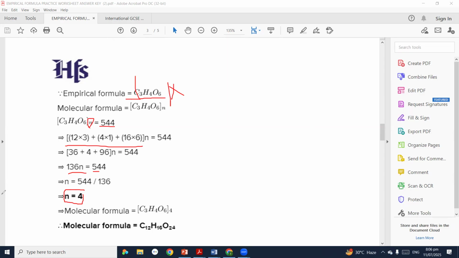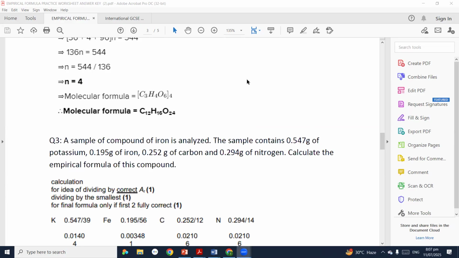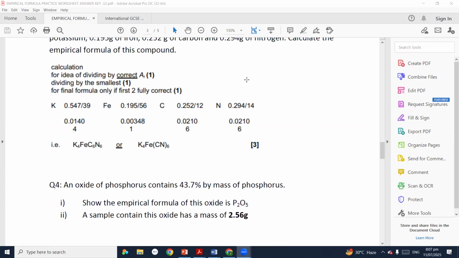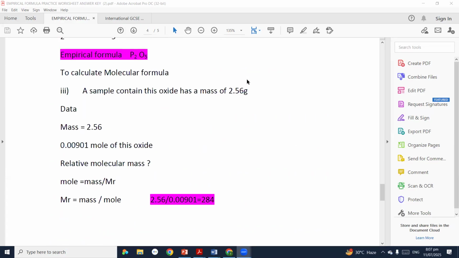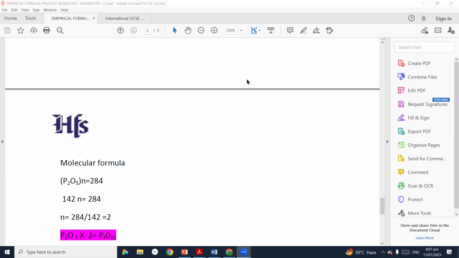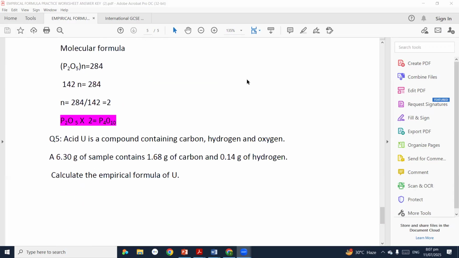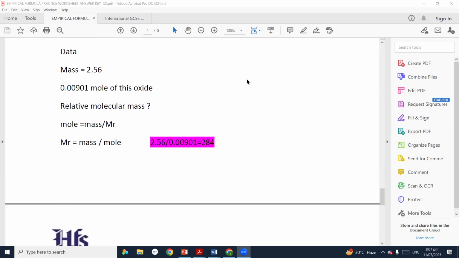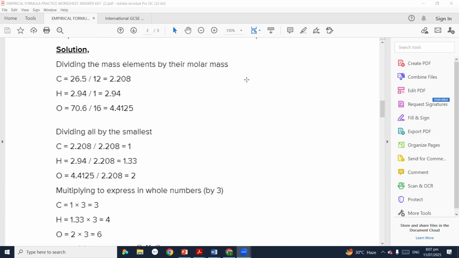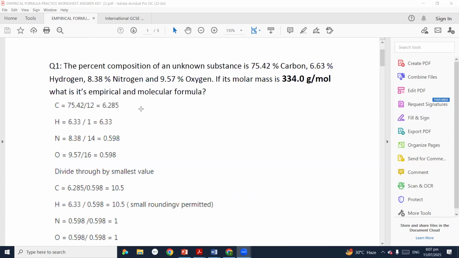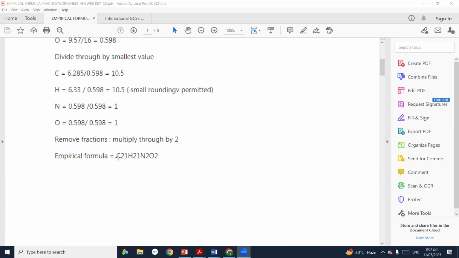Okay, let's do one. So we will solve one question. Okay, let's do this question. In this question, your empirical formula is this one. I'm writing it again.